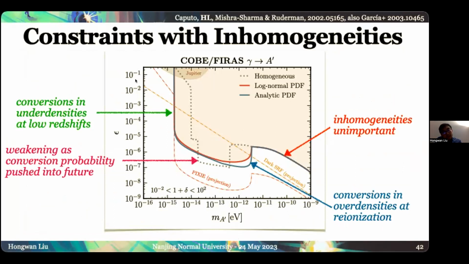The other thing that people have studied is the magnetic field of Jupiter. Remember in my talk, I said that once you go to 10 to the minus 9, you start thinking about Earth size. And if you go up to 10 to the minus 14 eV, you're thinking about Jupiter size.